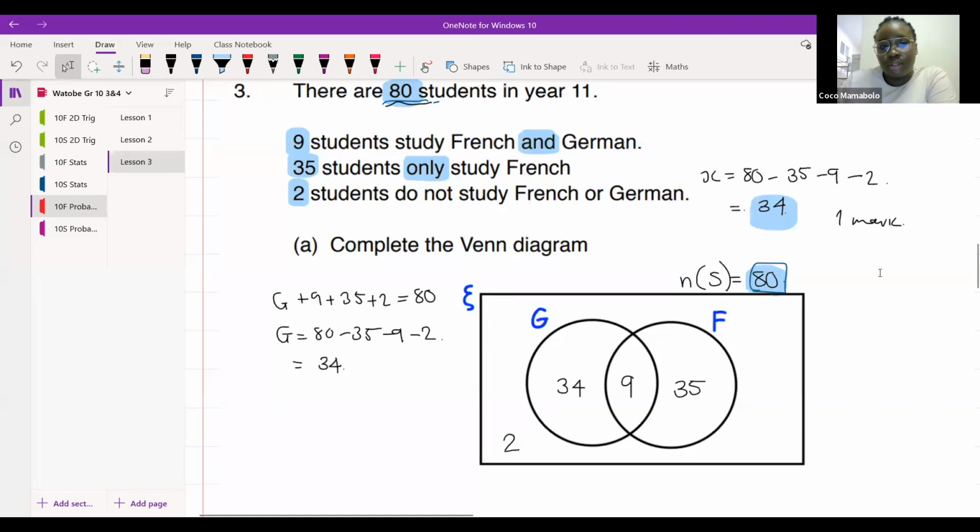Then the sample space 8, then French and German students. Then the number is 35 minus 2, only we study French and we teach more students French and German.